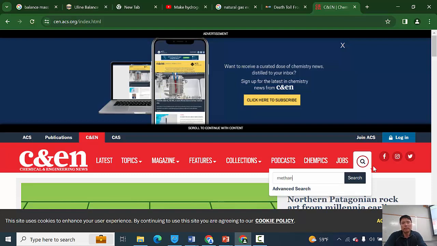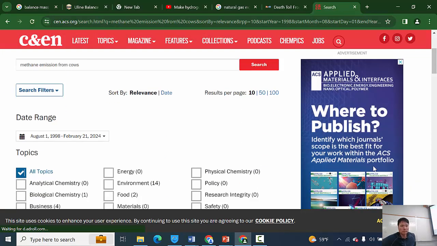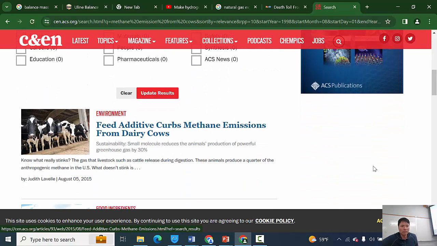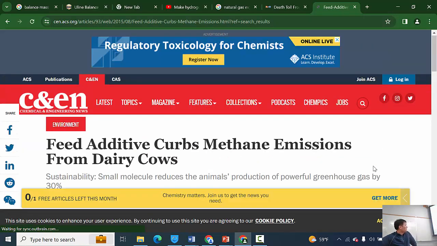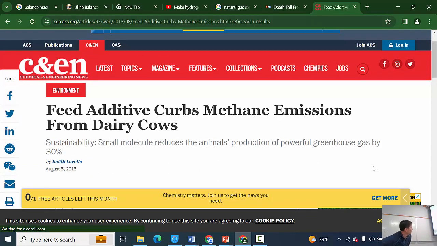So this is an article I read not so long ago. This is 2015. I don't know what's been done since then, but they give them a small molecule in the food, and then apparently it reduces methane emission by 30%. It's pretty big.